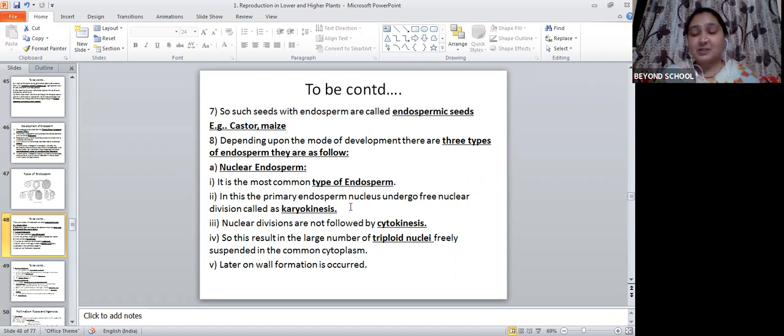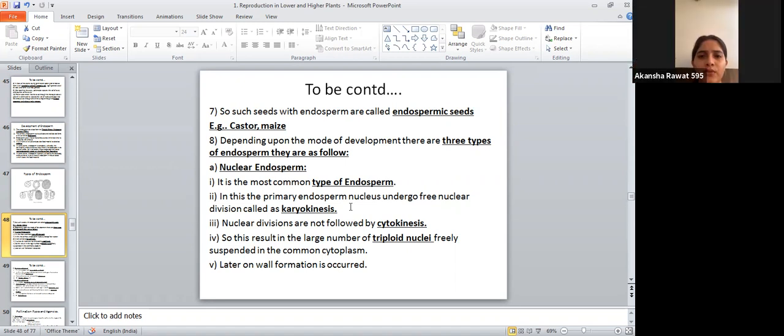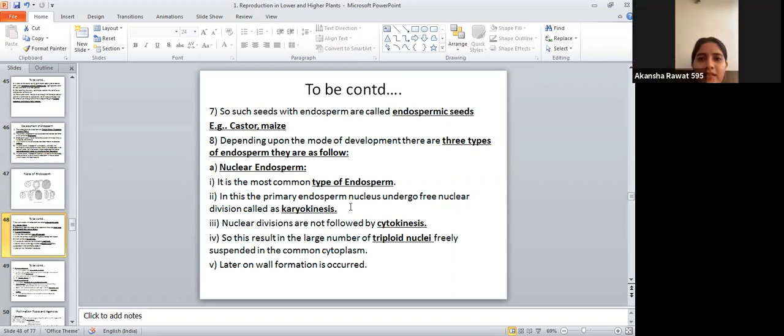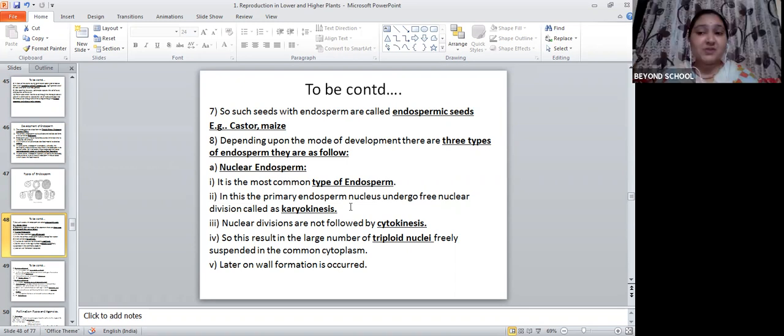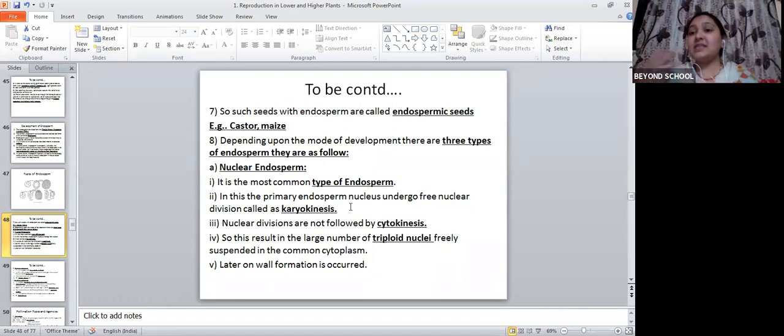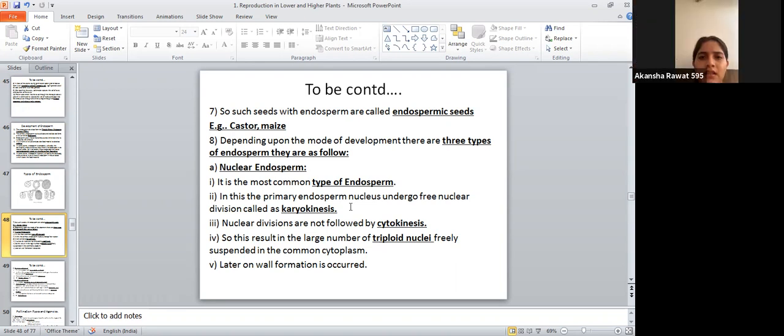Cell division takes place through how many processes, dear? Two. Name them. Mitosis and meiosis. And mitosis and meiosis depend upon what? Before mitosis and meiosis, what are the first processes?